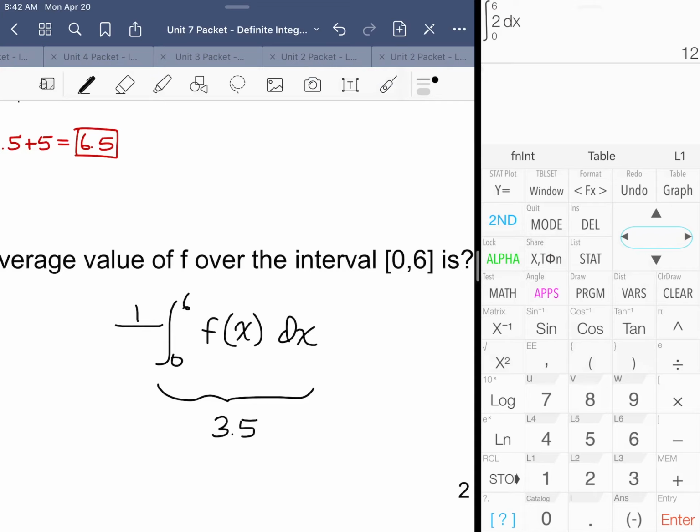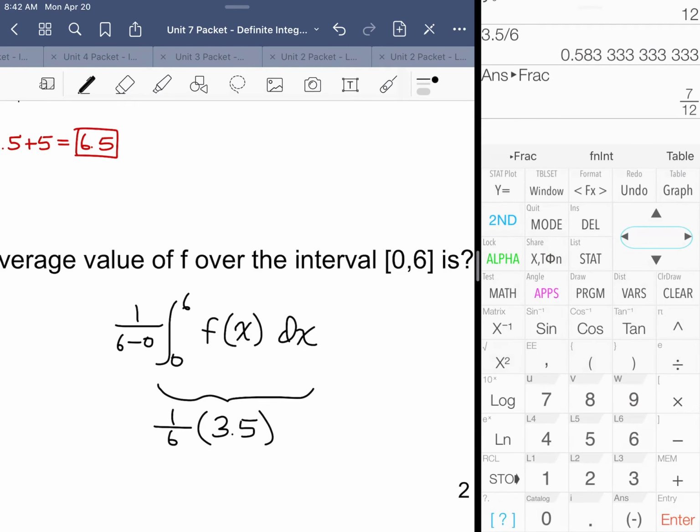Right? So I'm taking that 3.5 and I'm dividing it by 6. All right? So 3.5 divided by 6. We got that lovely looking decimal. I'm going to math frac that. So we're looking at about 7/12. Oh, we're looking at exactly 7/12.